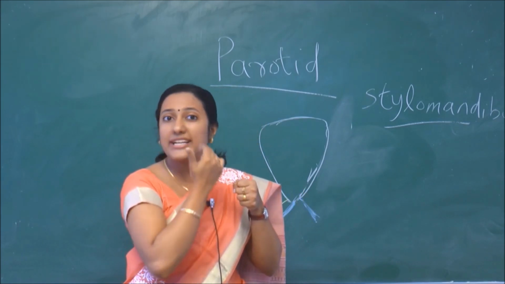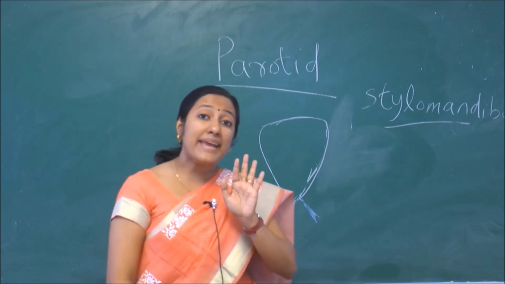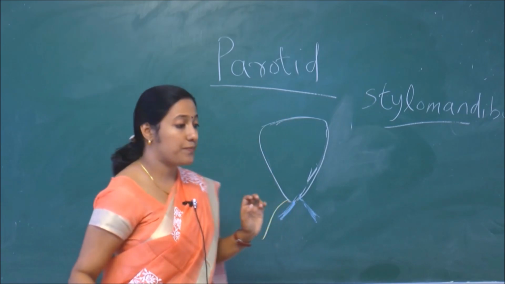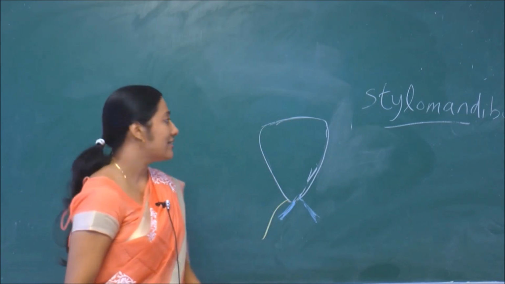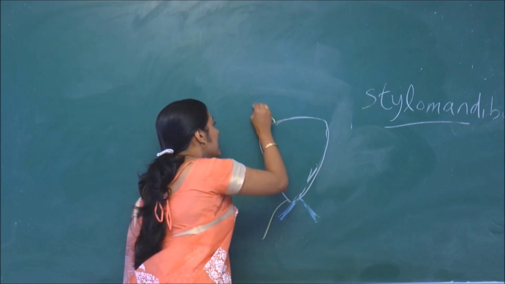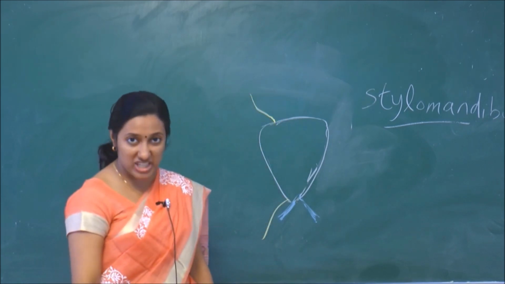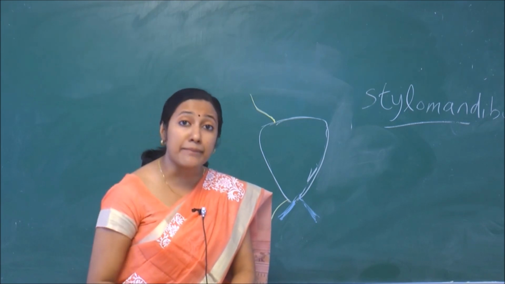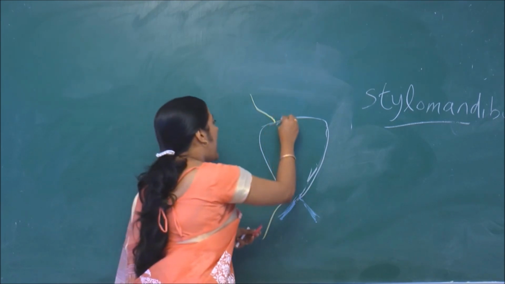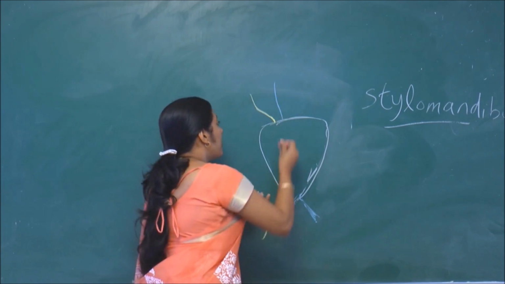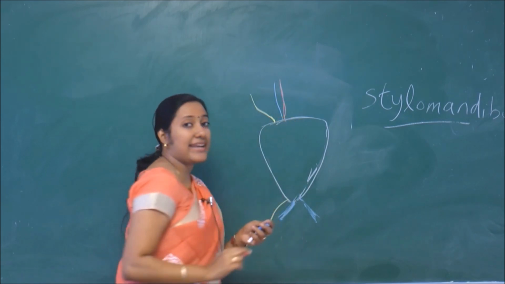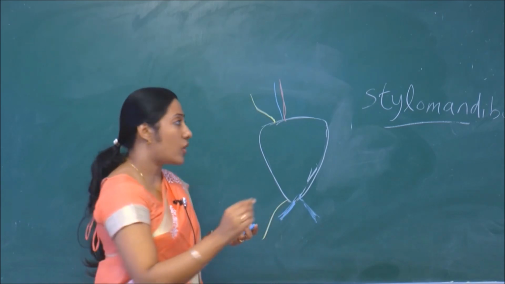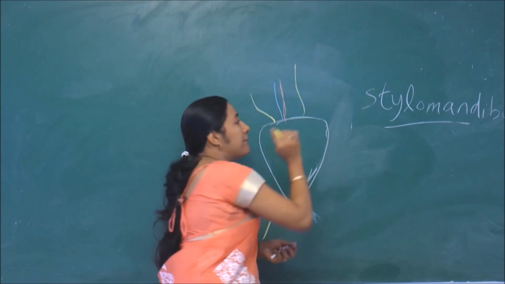It is a little concave in nature, and the main structures passing through this base include the temporal branch of the facial nerve, vessels, the superficial temporal artery and vein, plus one more nerve, the auriculotemporal nerve.